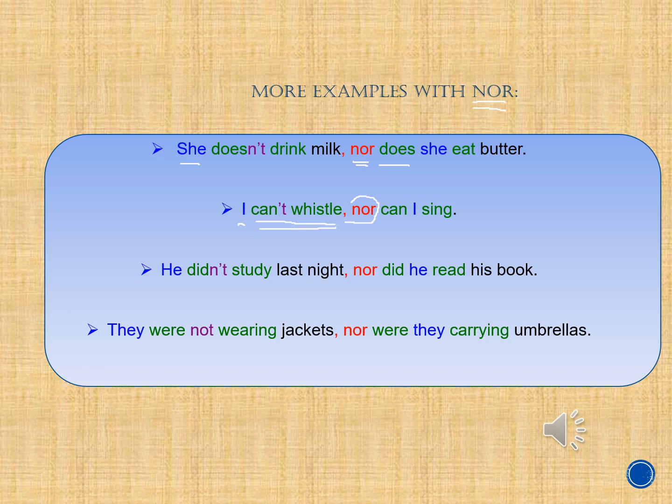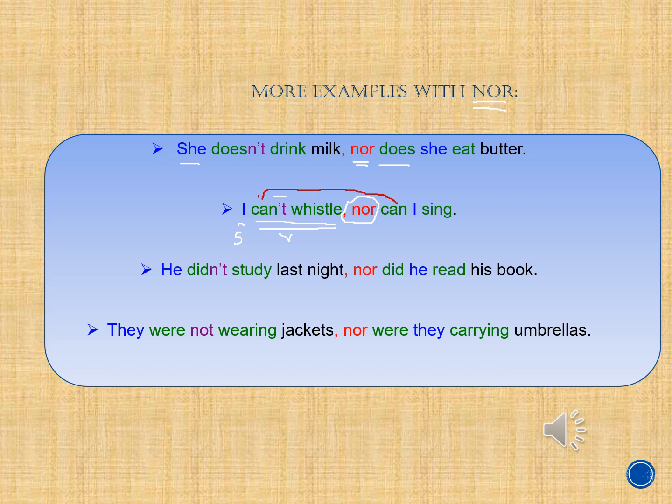So let's take a look at the first part of this sentence. The first part is the independent clause. I is the subject. Can't whistle is my verb. This is an independent clause. Comma, nor. Then look at the first part of this sentence, can't. So you're going to change can't to can.